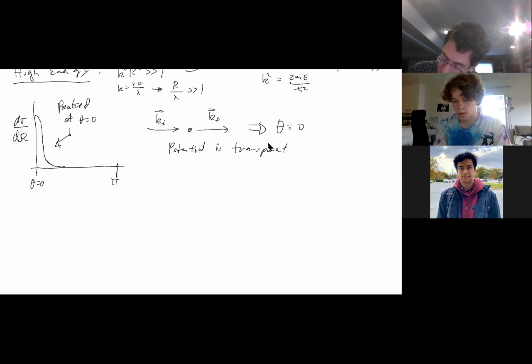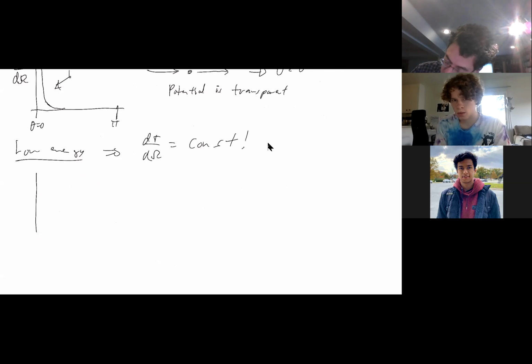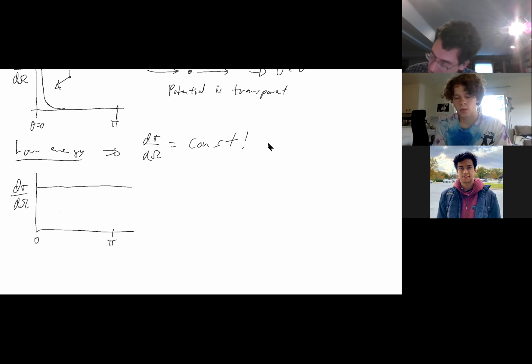On the other hand, at low energy, you can see from that formula that d sigma d omega is equal to a constant. And so if I plot d sigma d omega, it looks like that, from 0 to pi. And that means that if that's my K incident, then I have equal probability to go in all directions of K final.